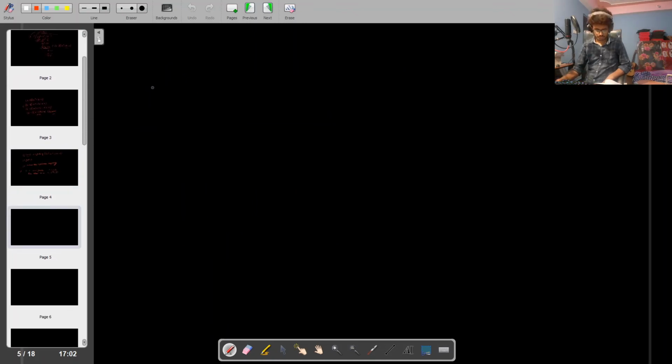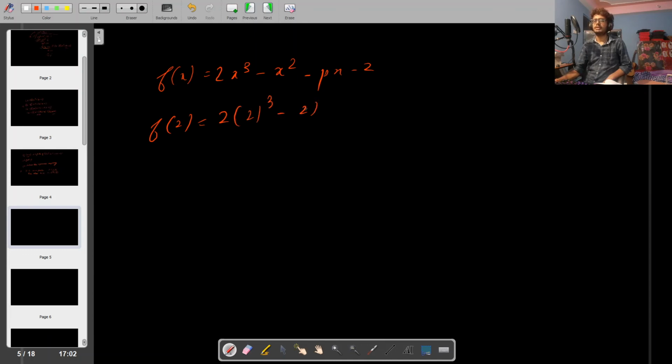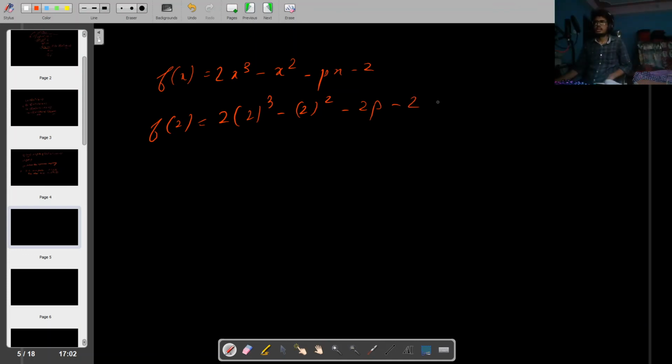Let's assume f(x) equal to 2x cube minus x square minus px minus 2. So f(2) will be equal to 2 into 2 cube minus 2 square minus 2p minus 2, which will be equal to 0.